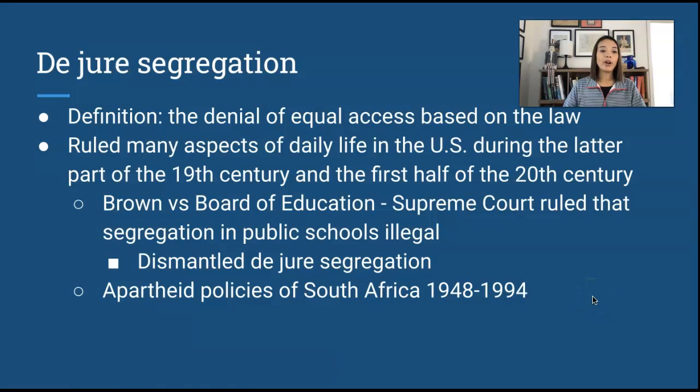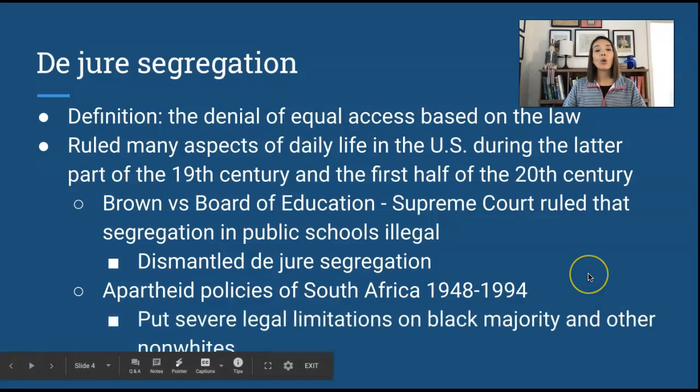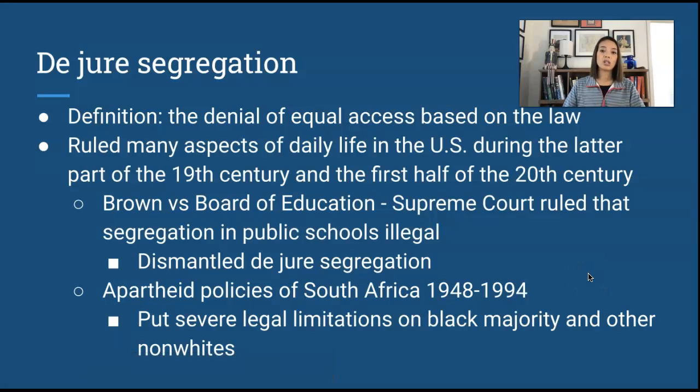Another example is the apartheid policies in South Africa. You can see the years there from 48 to 94. What these policies did was put severe limitations on the Black majority and other non-whites. This is an interesting historical case, in that the white population in South Africa was actually smaller than the Black population.